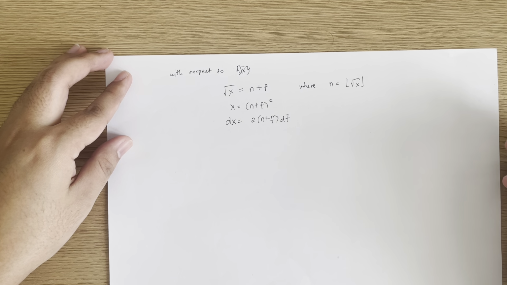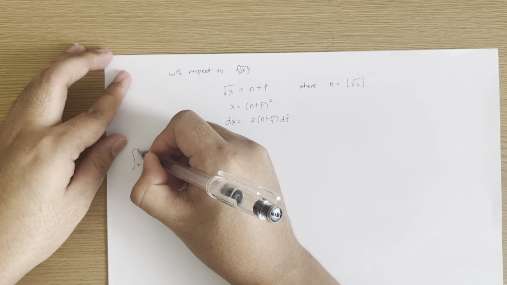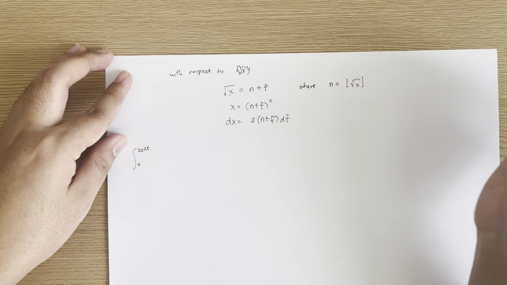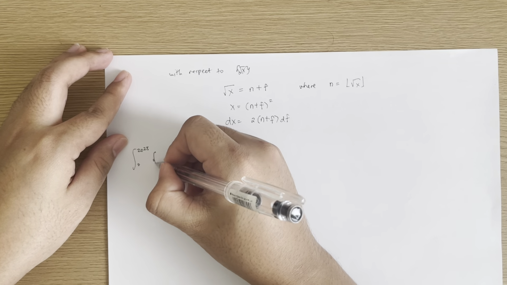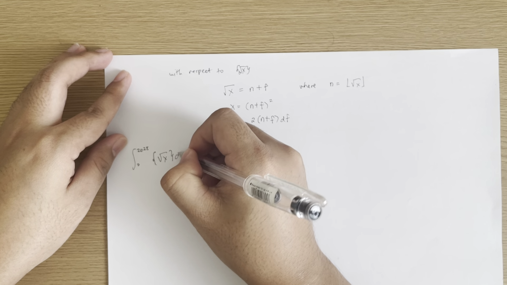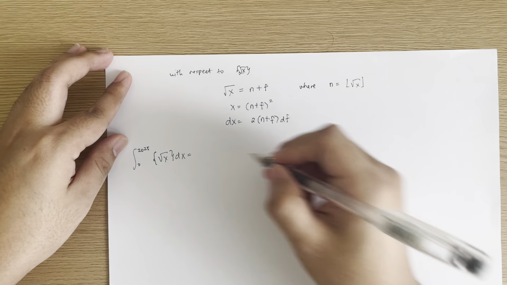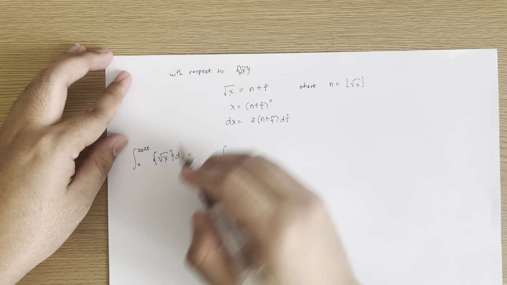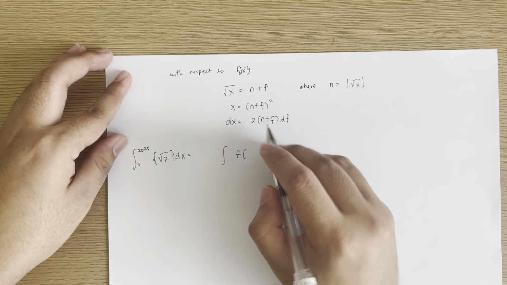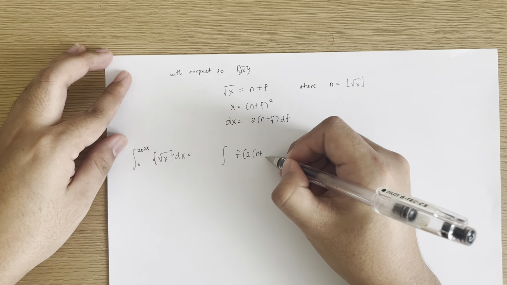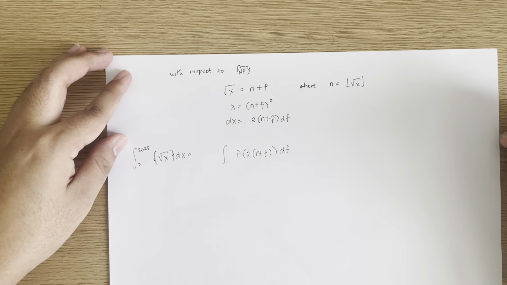So the original integral 0 to 2025 of the fractional part of square root of x dx can be written as this part is f, and then dx is equal to 2 times n plus f df.